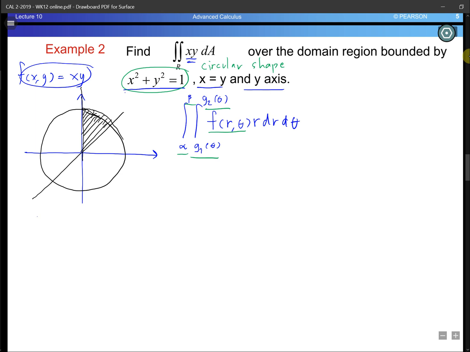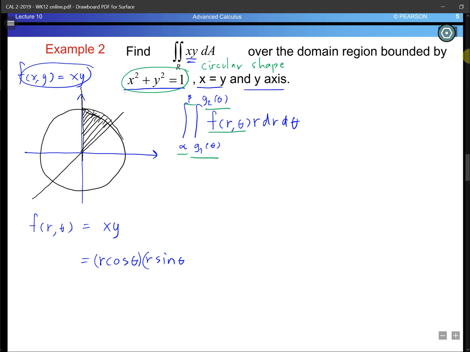So we need this f function in terms of r and theta, but we have x and y given from the problem. So let's do some translation. From the equations that we have at the beginning, we have 4 of them, and we know that x equal to r cosine theta and y equal to what? r sine theta.